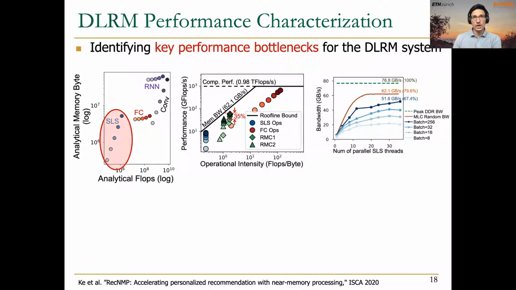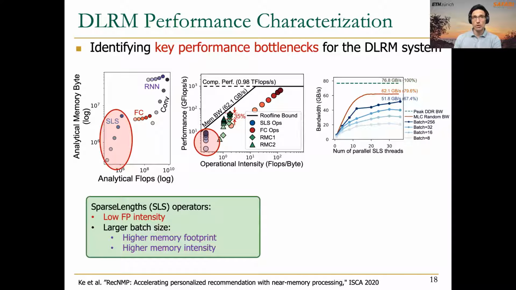As you can see in this figure on the left, as we increase the batch size, the analytical FLOPs increase, and also the analytical memory bytes increase. But the operational intensity remains pretty low in all cases, regardless of the batch size.